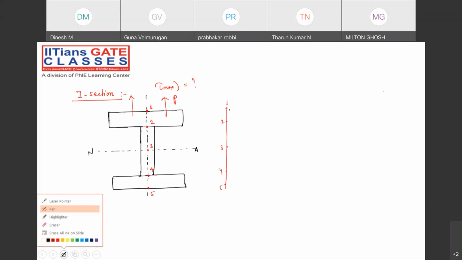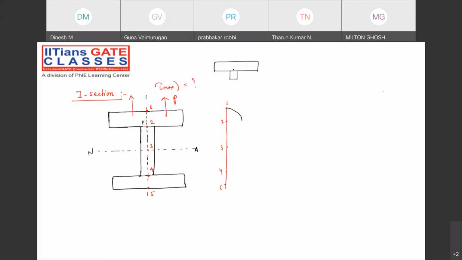So from 1 to 2, it will be something like this. But suddenly, consider point P just a little away. I'm showing you the junction points, P and Q. P is in this particular part we call the flange section, and this is called the web section.